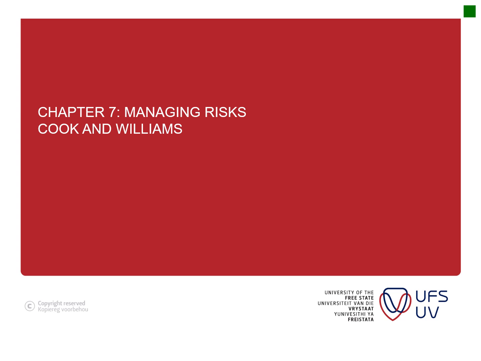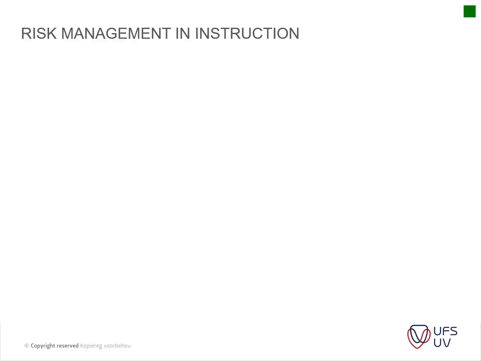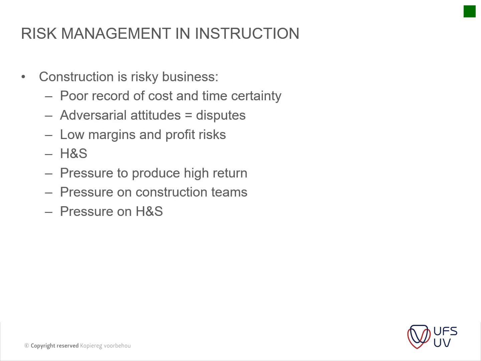Okay, so let's start. Managing risks, you will find it on page 116 of your textbooks. Cook and Williams starts with just identifying general items in construction risks. The construction industry is a very risky business. Usually there's poor record of cost and time certainty.